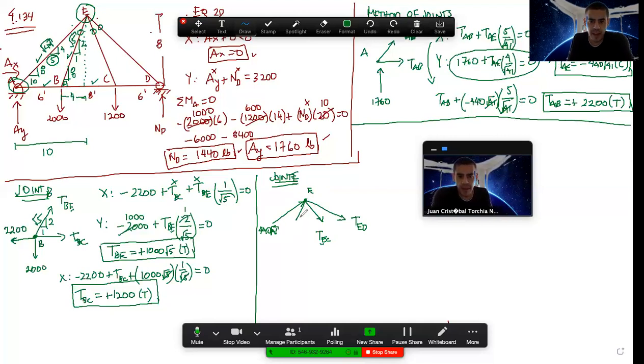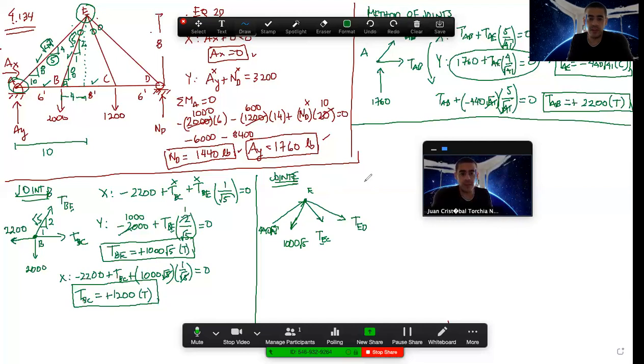Now for this guy, I already solved it over here. So this bar TBE, it was tension. So it was tension at B, it should be tension at E. So let me just put this as going out, trying to pull joint E with a force of how much, TBE? So it should be 1,000 square root of 5. Okay, so that's what this thing is doing.